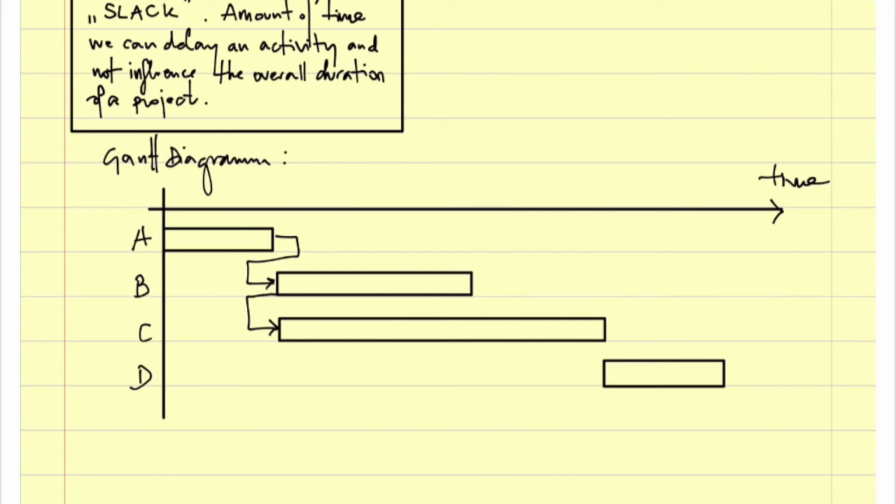And then I start D only when B is done. And also I start D once C is done. Okay, so both B and C are the conditions for D.